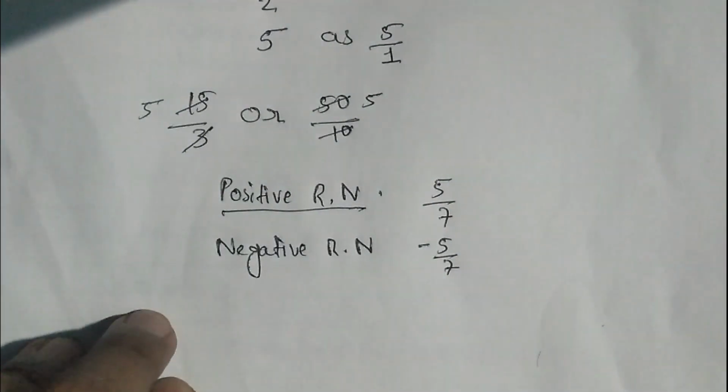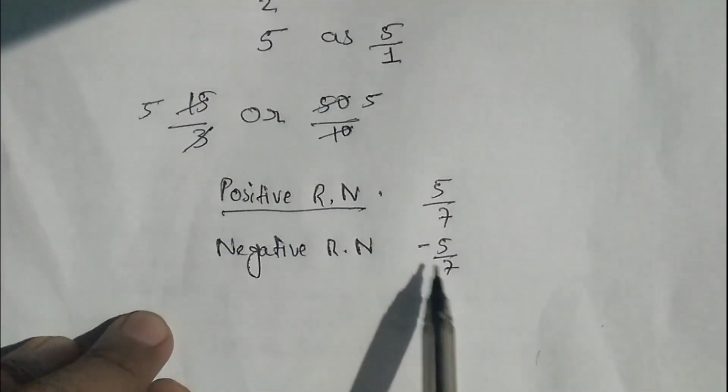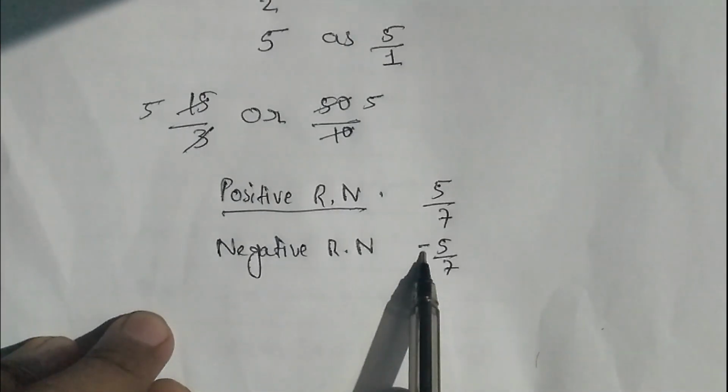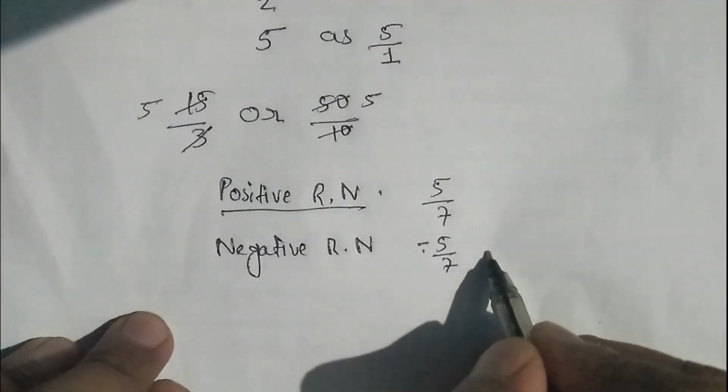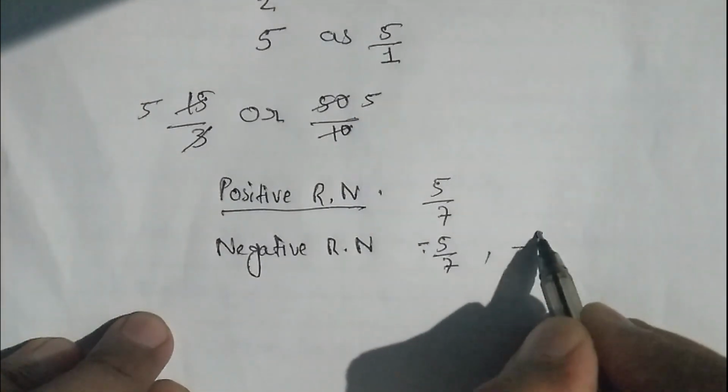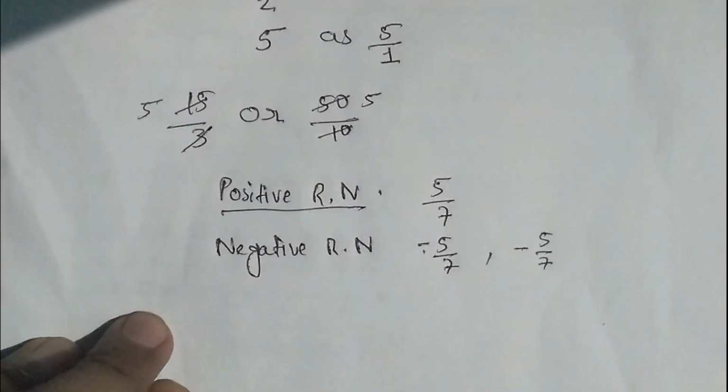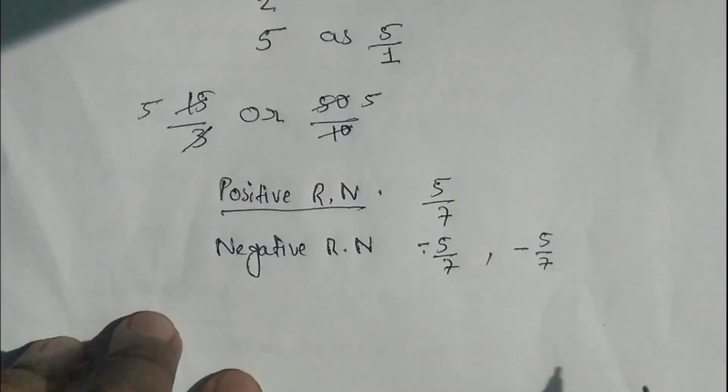When we write a negative rational number, we put the negative sign either out in front of the fraction or with the numerator. So here I have kept the negative sign with the numerator. You can also write it in this way, minus 5 upon 7.